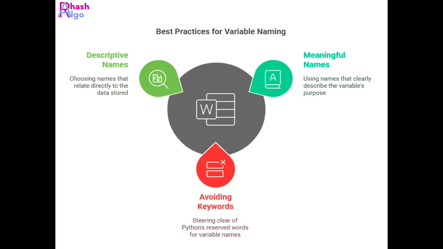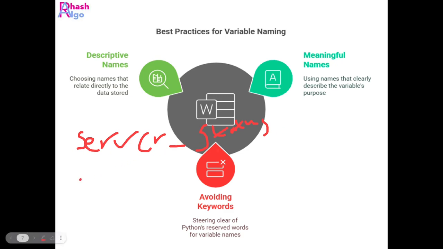Maybe you are sending some file to a server, maybe you are doing some job. So in that case, if you are just checking a server status, let's say ping, right? In that case, you have to give a variable name like server underscore status, right? This is a very clear name.